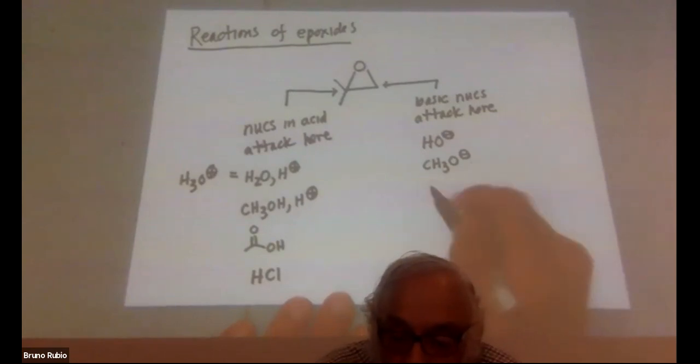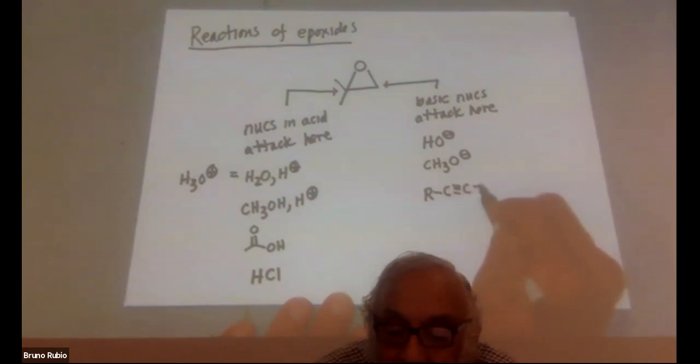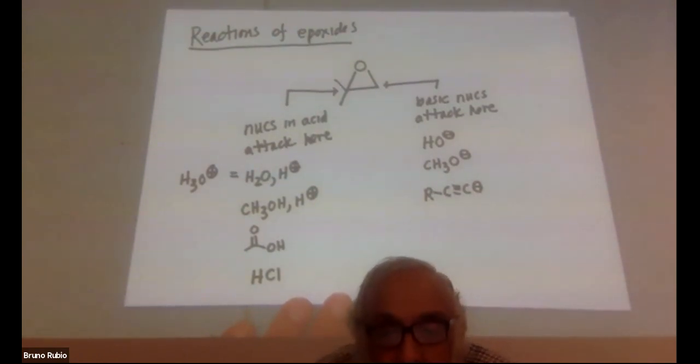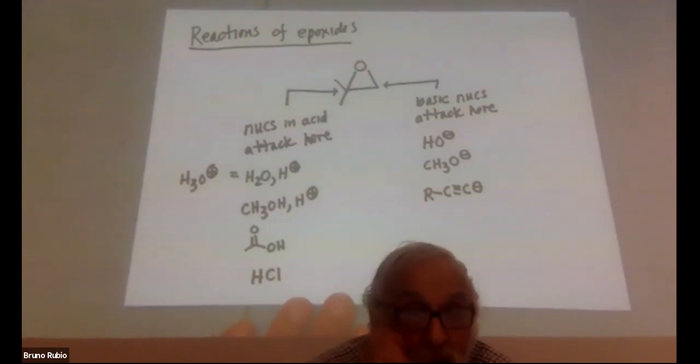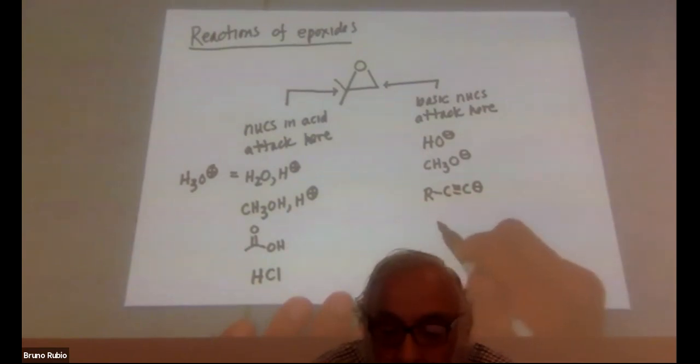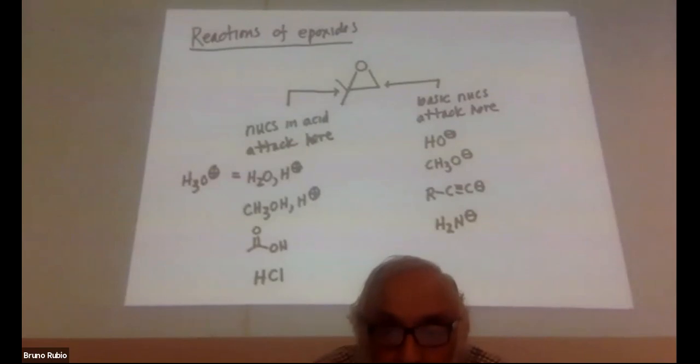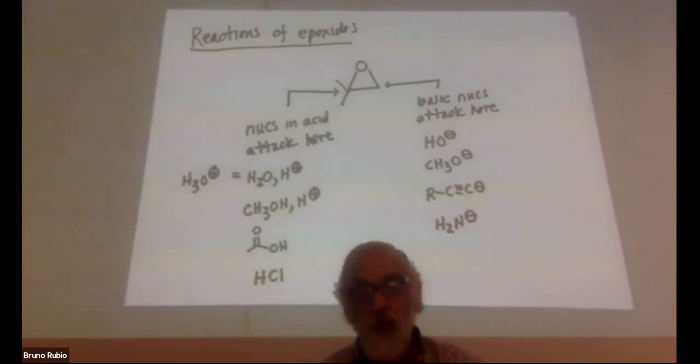Another basic nucleophile could be something like the alkynyl anion, right? I know that's a base because I see that negative charge on it. Another basic nucleophile could be, say, the amide anion, right? I know that's a base because it has a negative charge. So those are some concrete examples of basic nucleophiles.